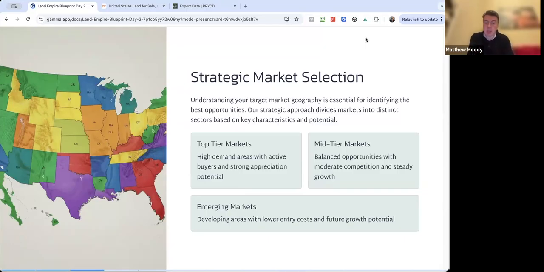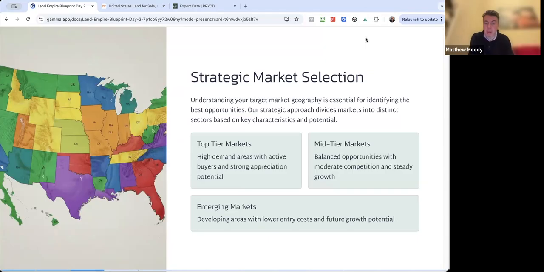Emerging markets really come down to doing a lot of analysis and seeing what works. So some of the areas you mentioned, like the Carolinas, good emerging markets, also places like Colorado, Washington State, they're still coming through.